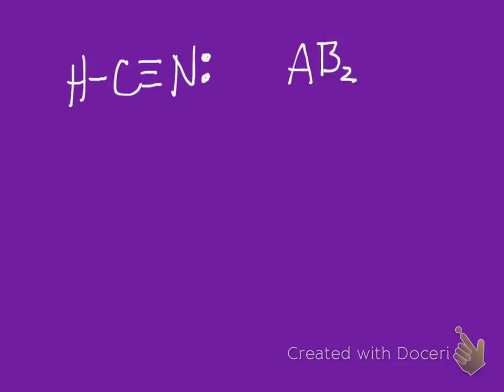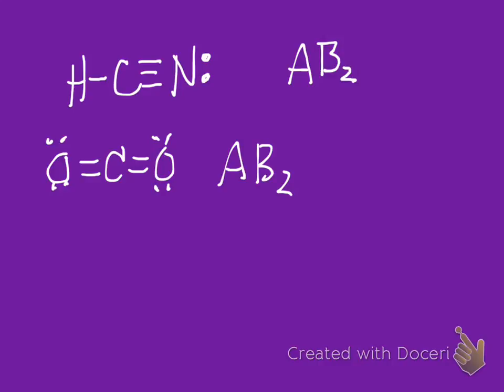Let's look at CO2. So once again, you've got your central atom. How many things are bound to that central? 2. How many unshared pairs on the central? None. AB2.